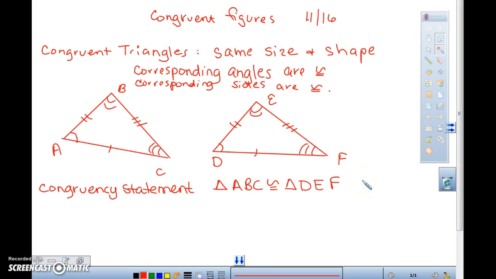It does not necessarily have to be alphabetical order, but they do have to match up. For instance, I wrote A first, so that means that D must match A, and they do in the picture. And that B should be matching E, and they do in the picture, and C and F. Not necessarily alphabetical.